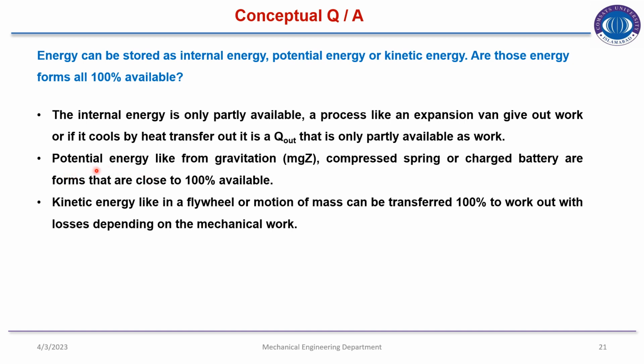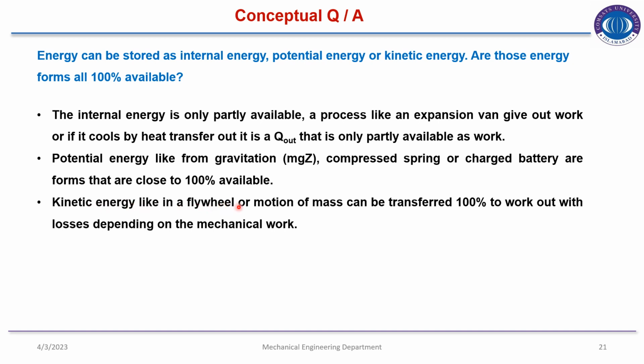Now if we are talking about potential and kinetic energy, then these forms of energy are approximately 100% available. A compressed spring, gravitational potential energy, or a charged battery have 100% available work.